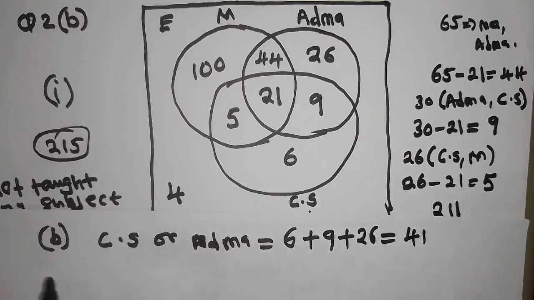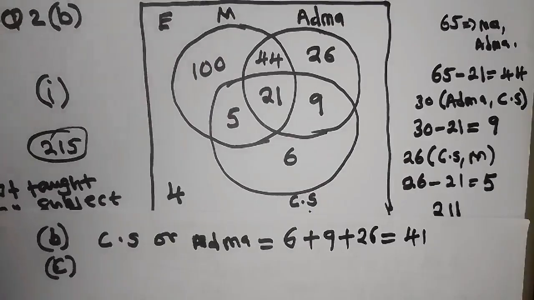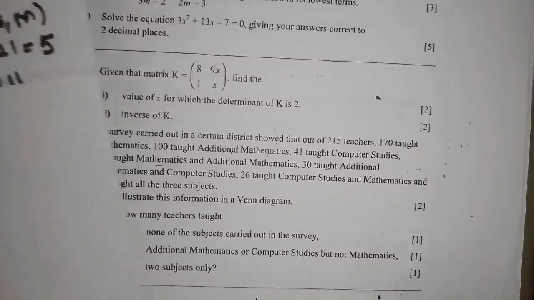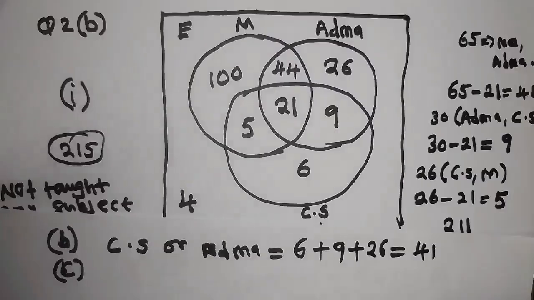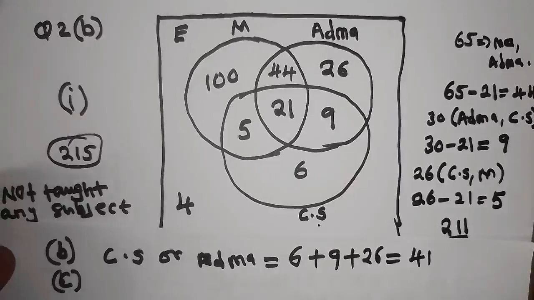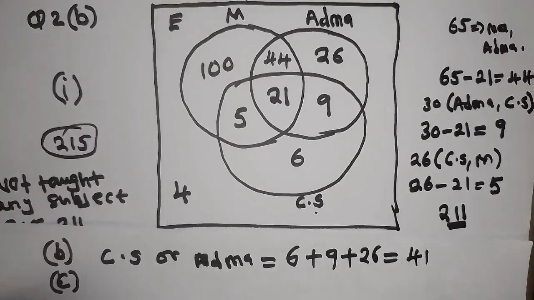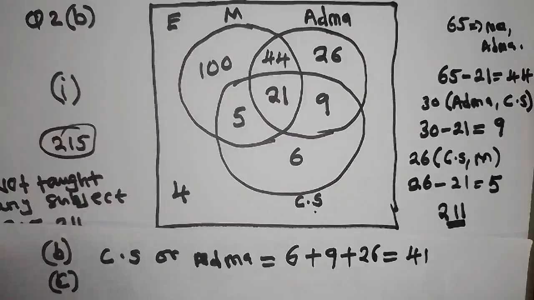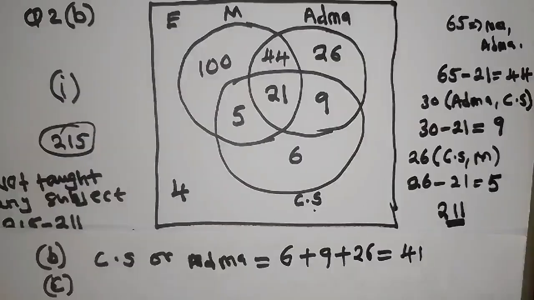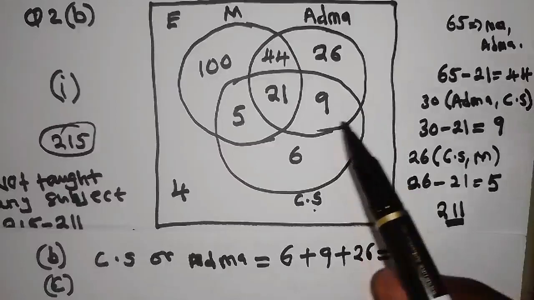Okay. Then the last one is saying 2 subjects only. Okay, so 2 subjects only. So for you to understand this part, 2 subjects only, so you just look at the intersection of 2 subjects.